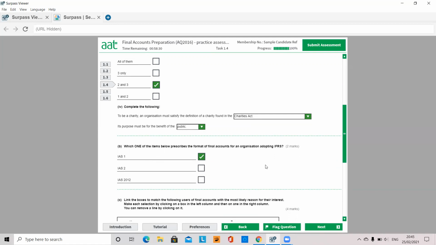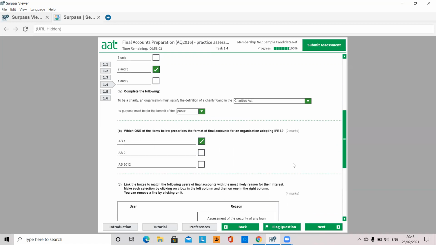I do say to the students that when we talk about sales minus cost of sales equals gross profit, or the format of the profit and loss account or statement of financial position, we don't make it up. Okay, the structure of those things is set down in accounting standards. So in this one, it's International Accounting Standard 1, which is responsible for the format of the final accounts. Okay.